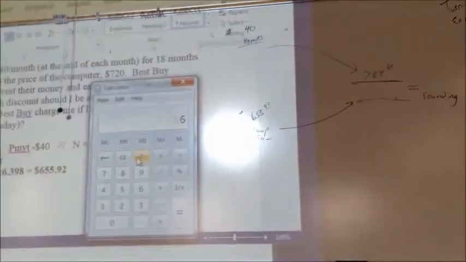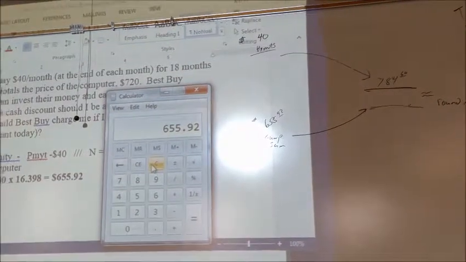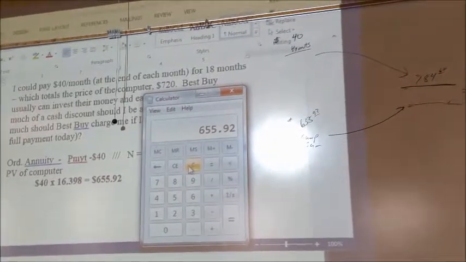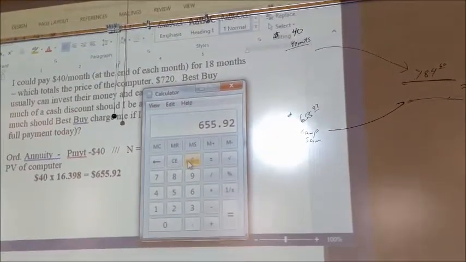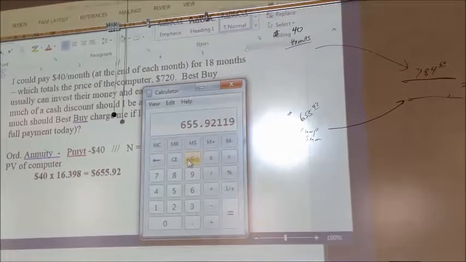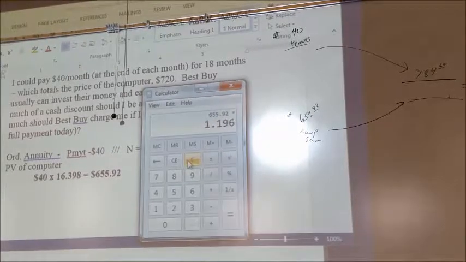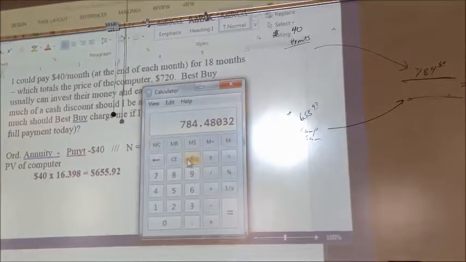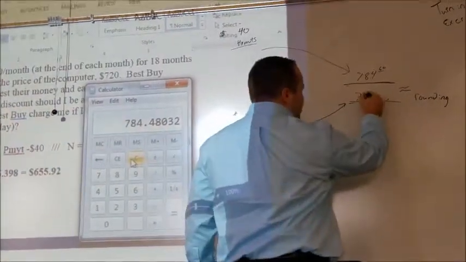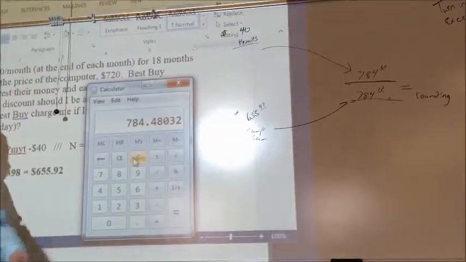If on the other hand they had $655.92 lump sum and started buying inventory and selling it, using the future value of a lump sum factor 1.196, we get 784.48. So within 12 cents, they're identical.